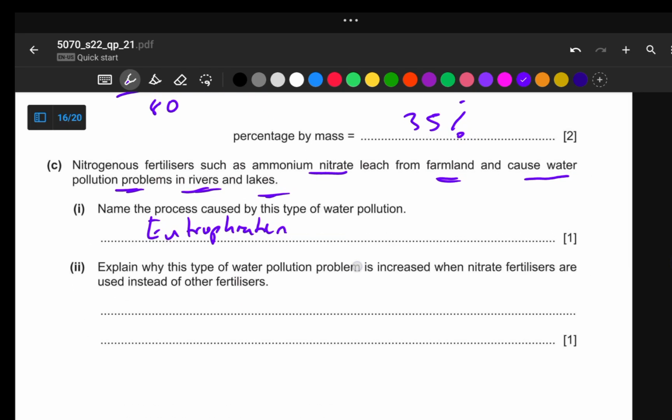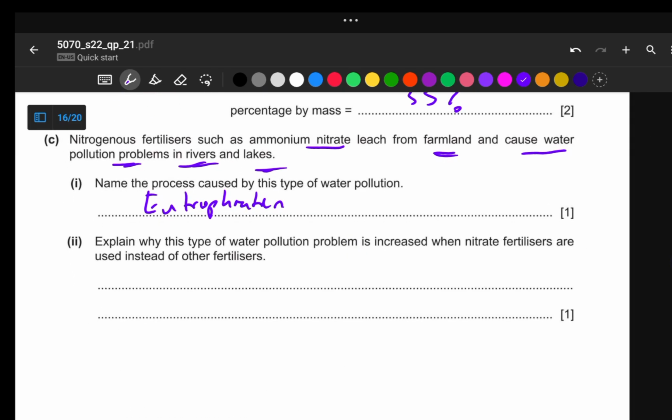And then explain why this type of water pollution problem is increased when nitrate fertilizers are used instead of other fertilizers. So we said all the nitrates are very, very soluble, right? All the nitrates are soluble. So they are easily leached by rain into the rivers, thereby accelerating eutrophication, right?